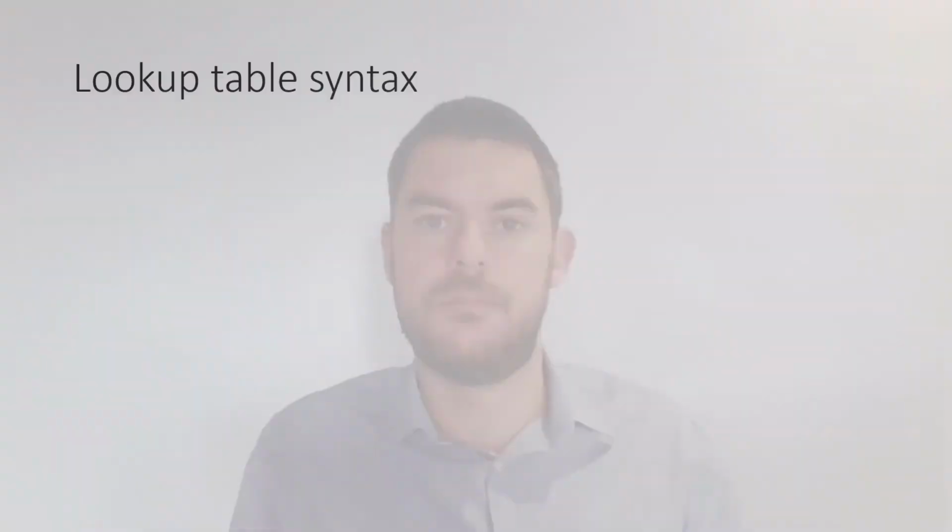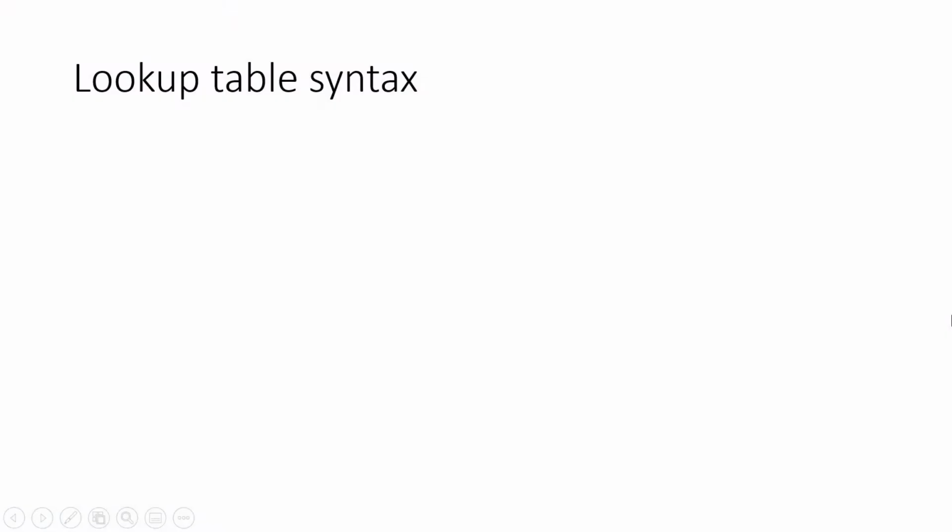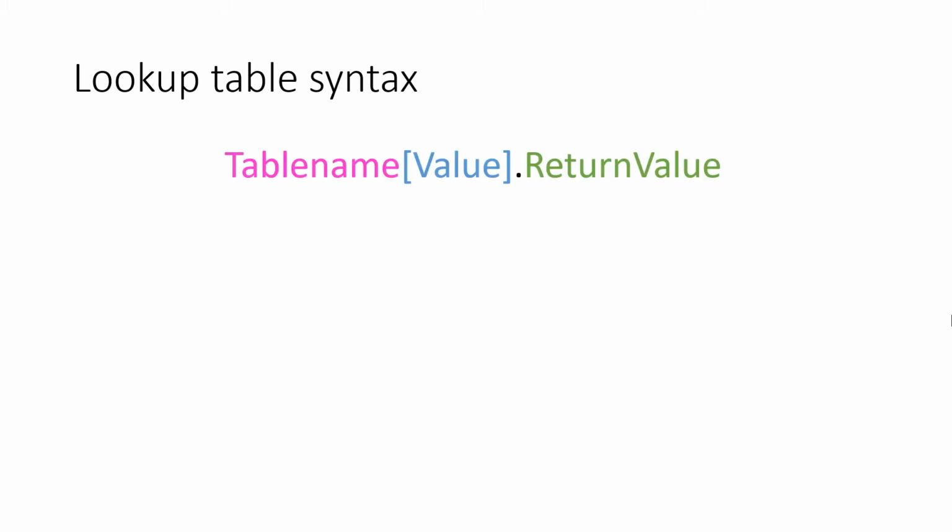So now that we have our lookup table correctly formatted and uploaded into the Designer tool, it's time to take a look at the syntax that we'll have to learn in order to extract the right pieces of information from our lookup table. The syntax that we'll use to pull data out of the lookup table looks like this. We start with the table name in pink, and then within the square brackets here, the value, and then a full stop, and then the return value.